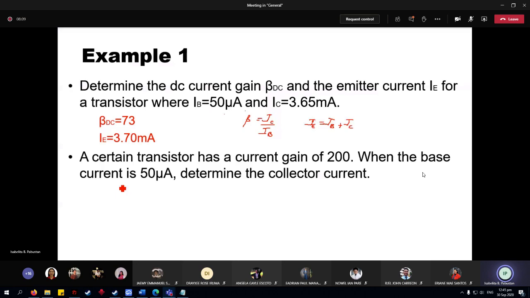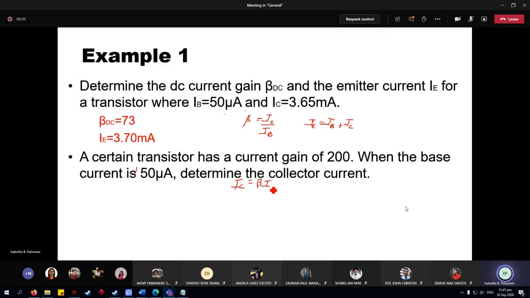Another thing, 200: it is impossible for your alpha to be 200. So again, your formula is beta equals IC divided by IB. Therefore, you calculate your IC to be equal to beta IB.